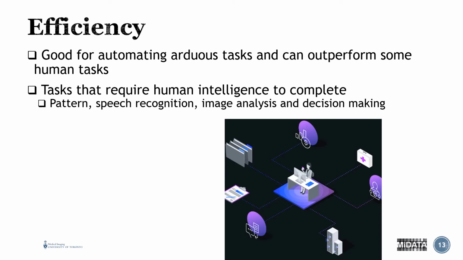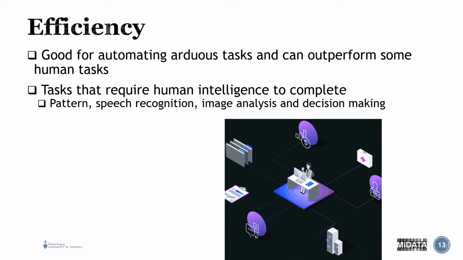Efficiency, of course, is an important characteristic of AI/ML solutions. As we discussed in the first part, it is due to the immense compute capacity that is now available to these algorithms due to technological advances. Now, of course, efficiency is great for automating boring, tedious, arduous tasks, and inevitably, computers can outperform many human tasks.